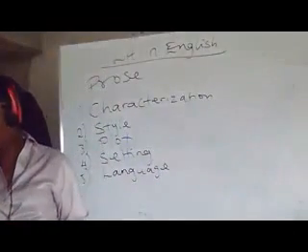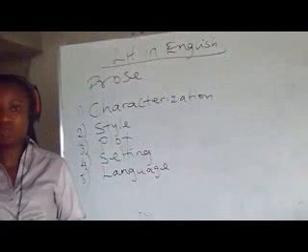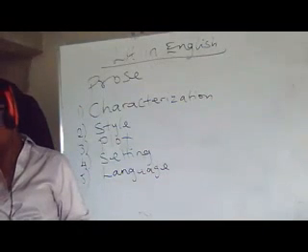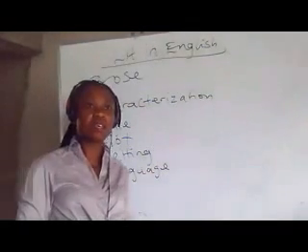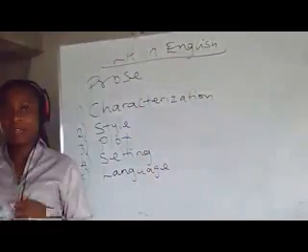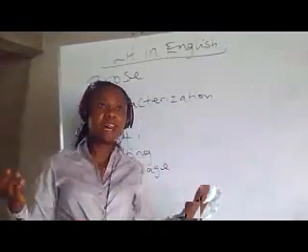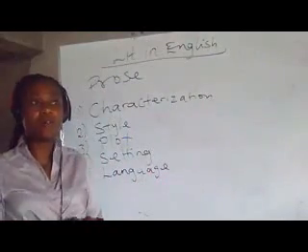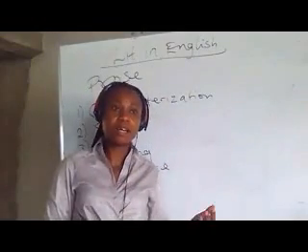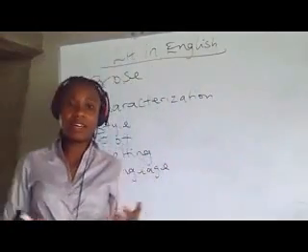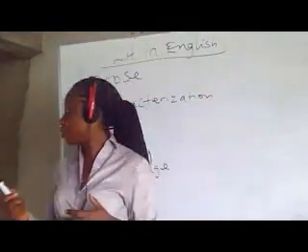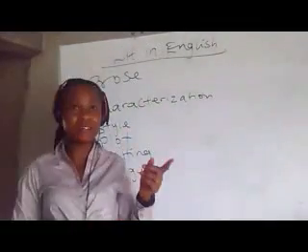Characterization here refers to the characters used in writing the story, the people in the story which the writer uses to present his ideas or the events. Like in some stories, you see the names of people, and animals can also be used as characters in a story. Like you read some stories and you see that maybe the tortoise is one of the characters performing a role in that story. That is what we mean by characterization.